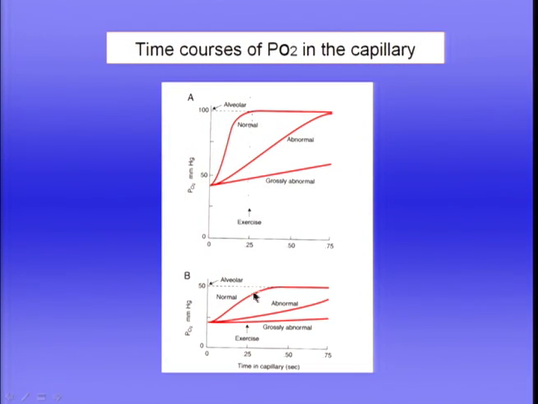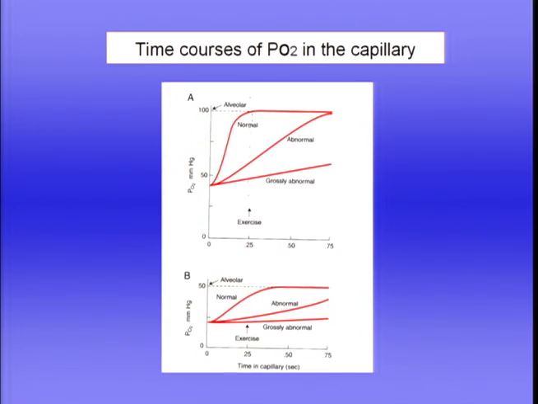I should just add here for the purists that although it looks as though this slow rise is caused by the low partial pressure gradient, an exact analysis shows that the reason is an imbalance between the solubility of the gas in the blood-gas barrier and the solubility in blood, or more strictly, the slope of the dissociation curve. When we have a situation as shown here, we're operating low on the oxygen dissociation curve. You see the alveolar PO2 is 50, the blood comes in at a PO2 of 30, so we've got an abnormal situation here.